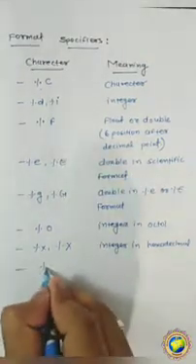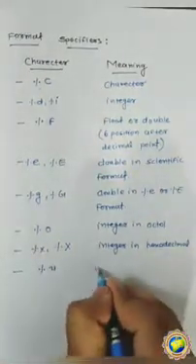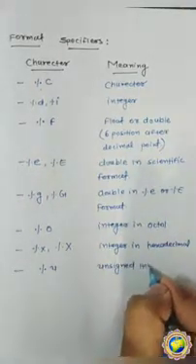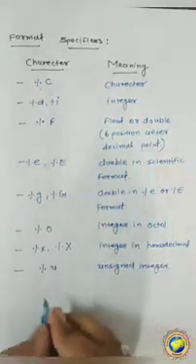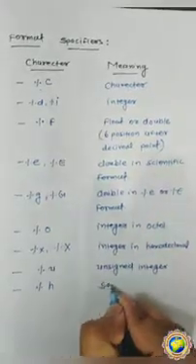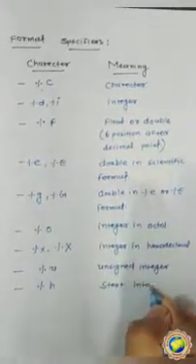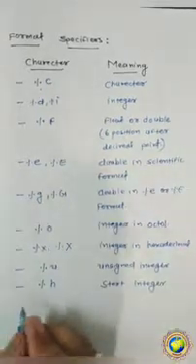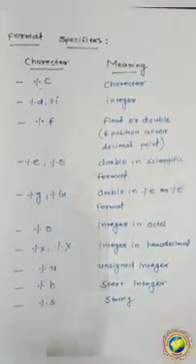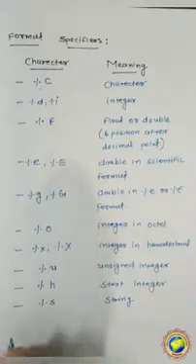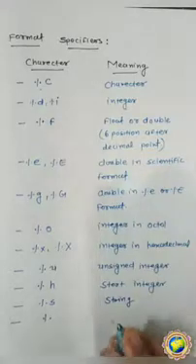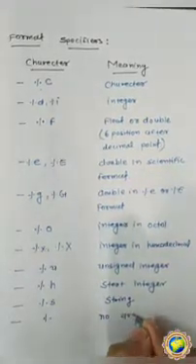Then %u, it is an unsigned integer. %h is short integer. Then %s is used for a string variable, and % is also for no arguments.